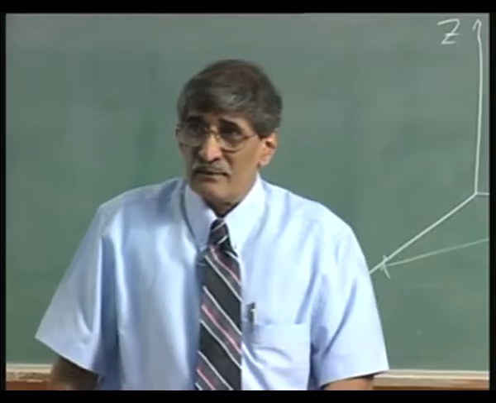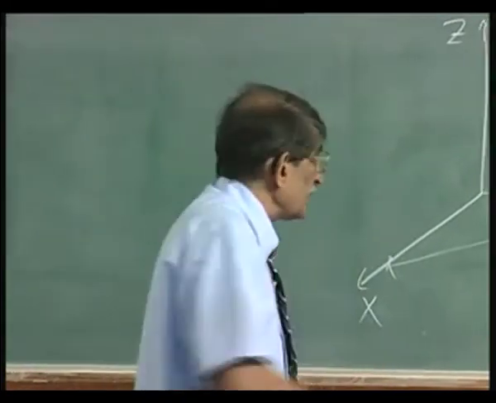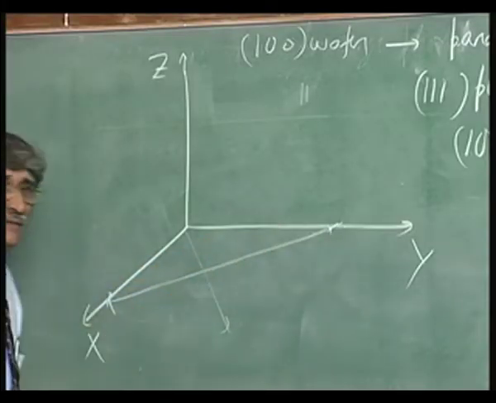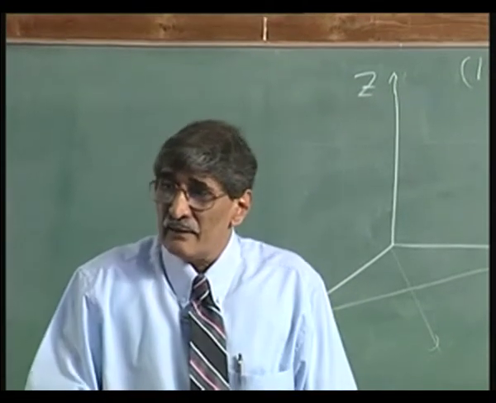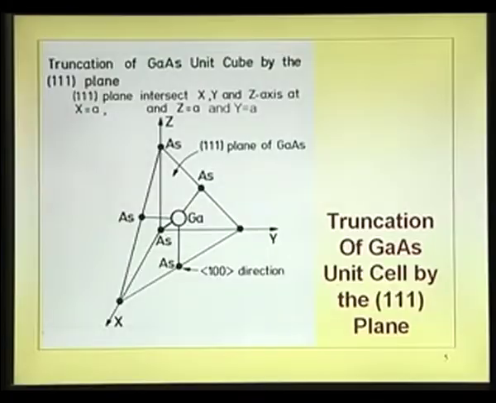So, it intersects there. If I just draw a line here parallel to that and cleave it, if it is silicon, it will cleave along this plane, which is making an angle of 54.7 degrees.